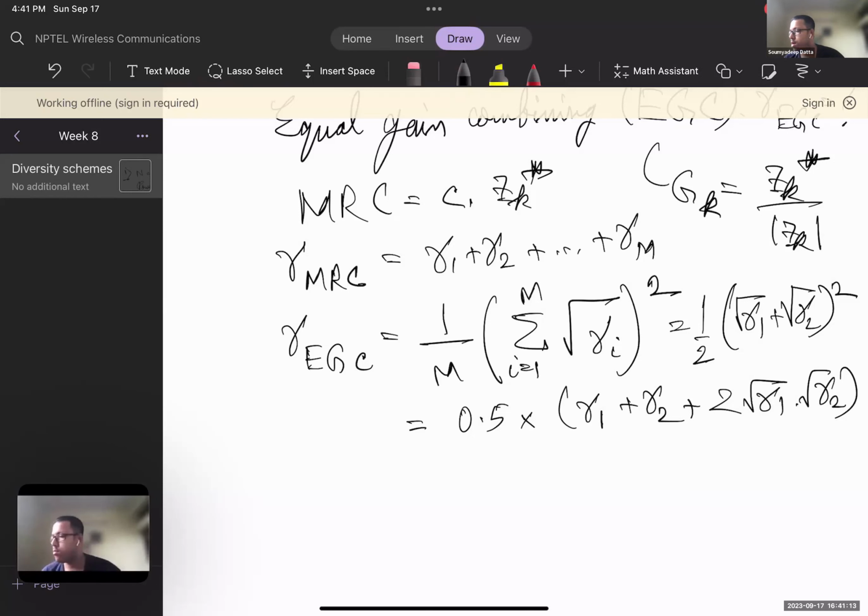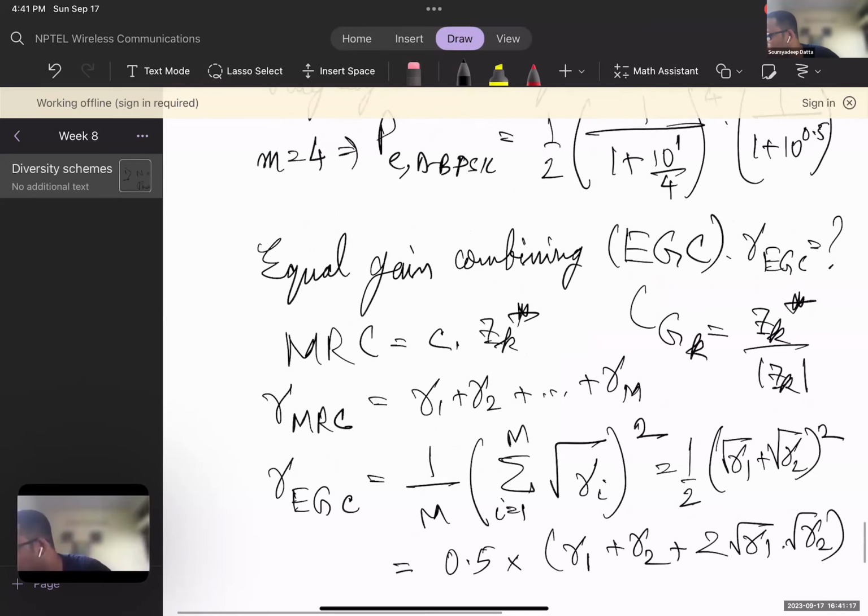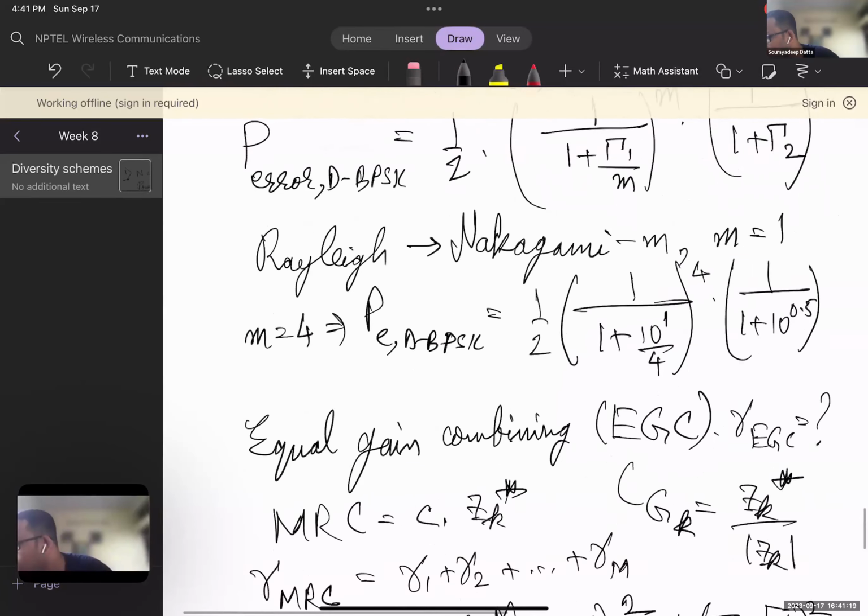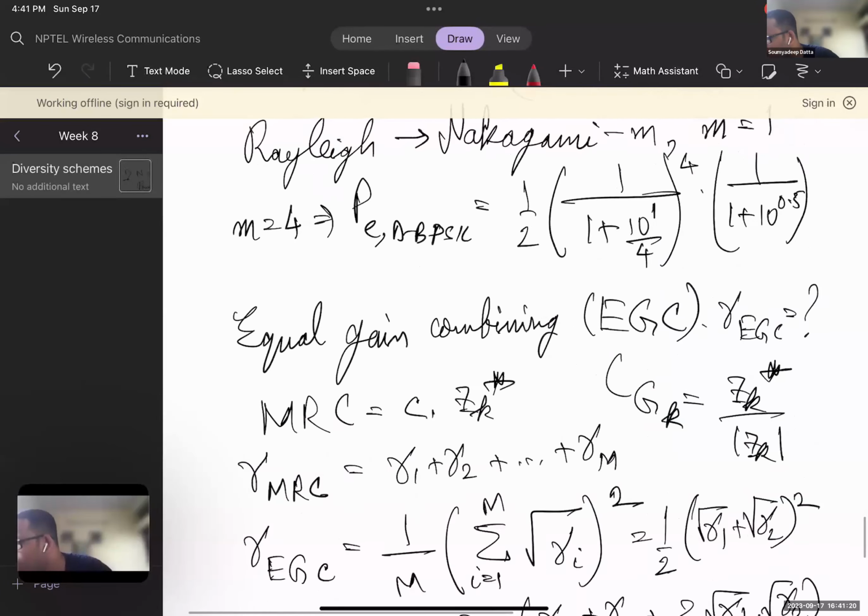And so for the average value, I'll have to take the expectation of this right hand side quantity, right? 0.5 times.